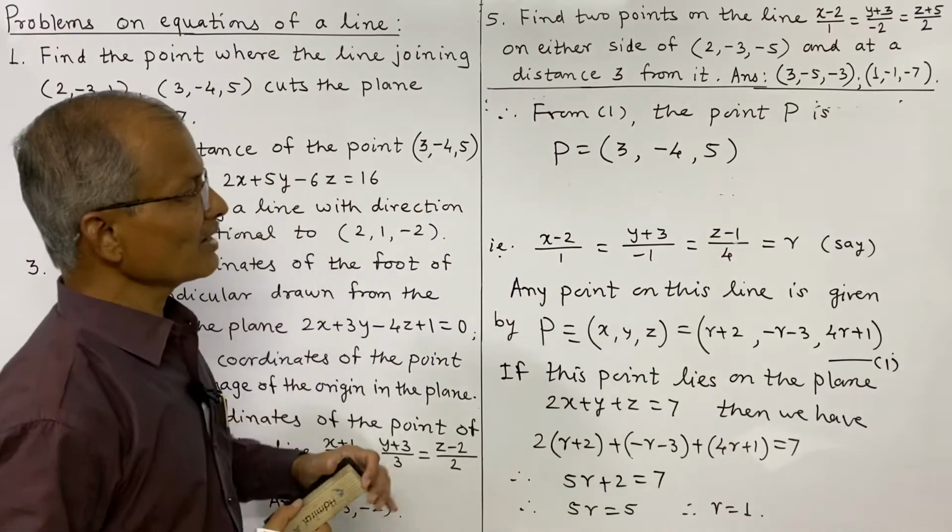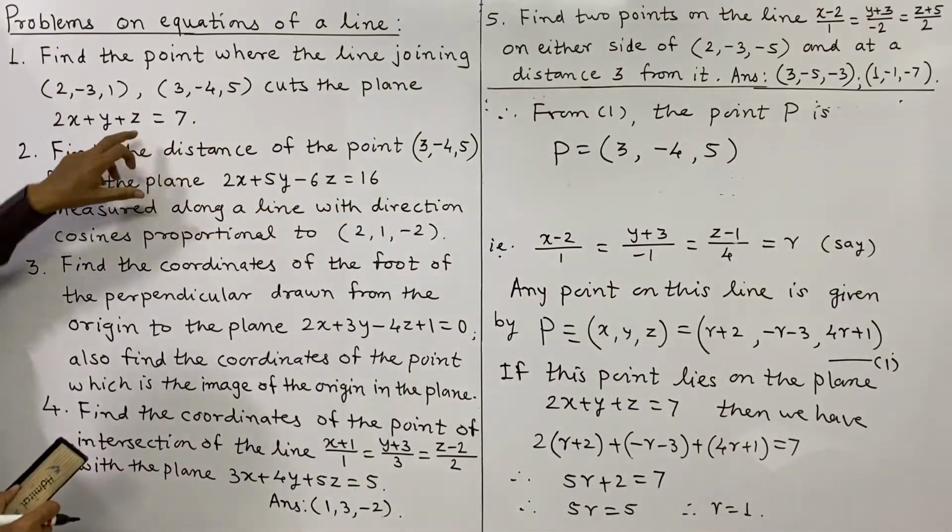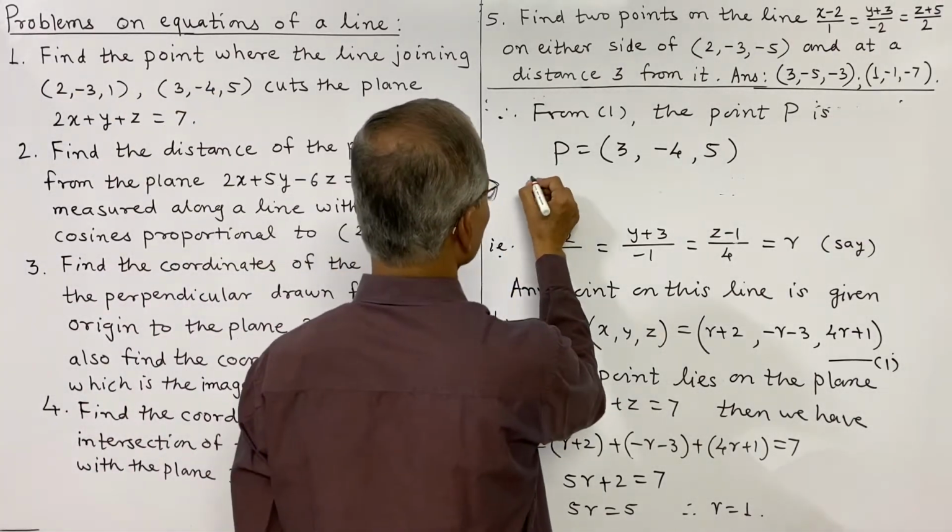So the point P is this one. This is the point at which the line cuts the plane. This is the required point.